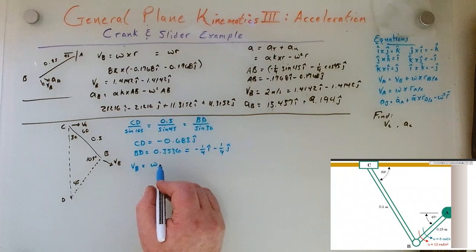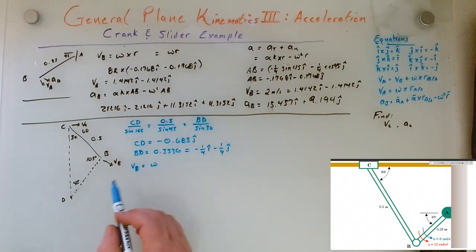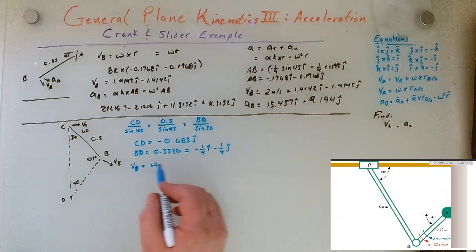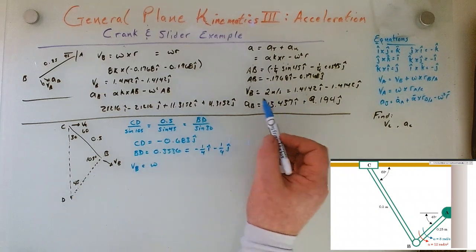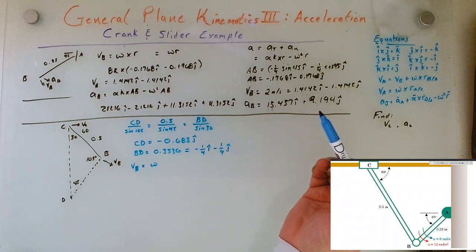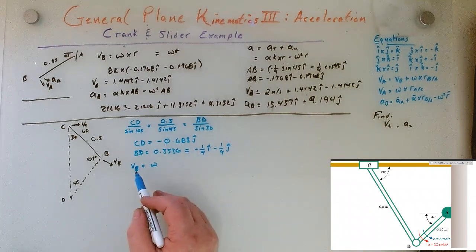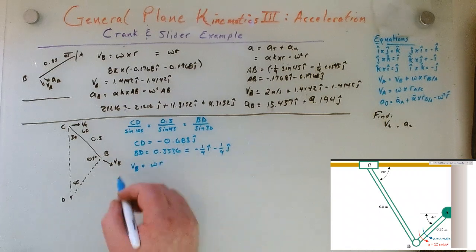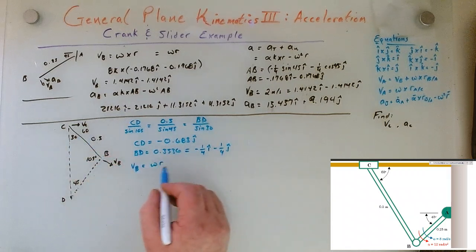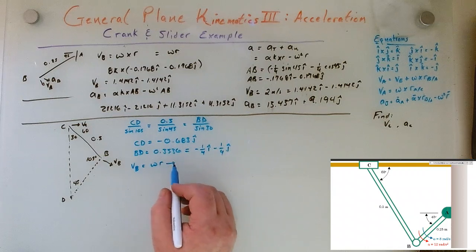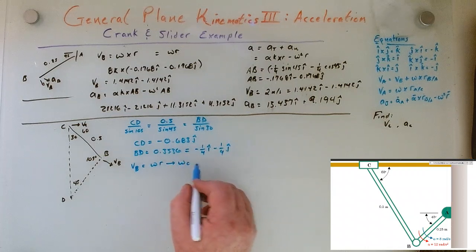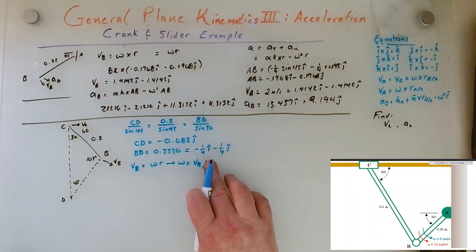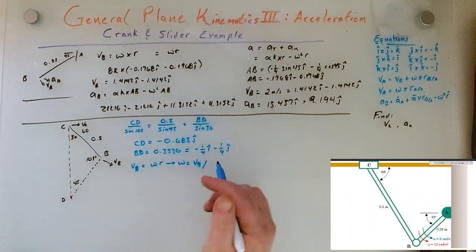I have r, which is BD, and VB is right there. We just need the scalar, since we know what direction it's going to turn in. That implies omega is VB over r, and in this case r is BD.